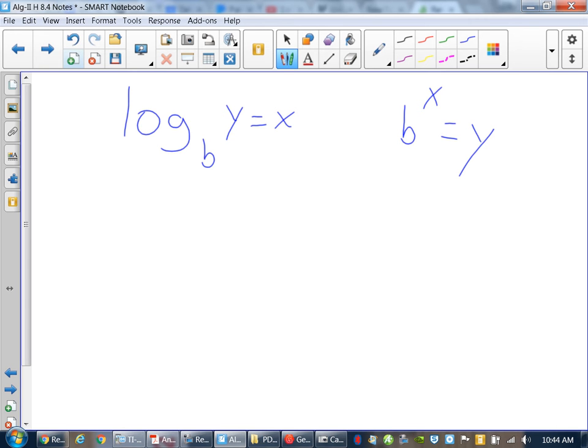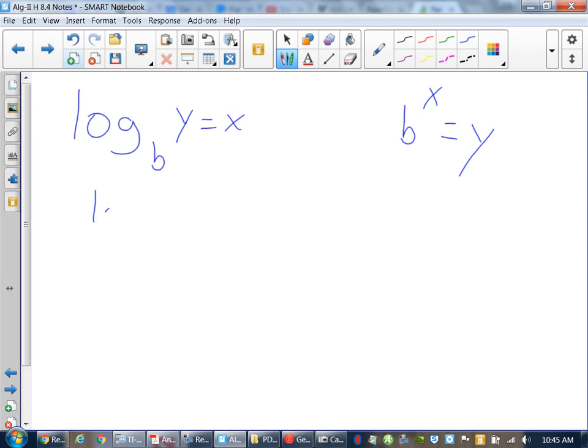Anyway, so one of these is logarithmic, the other one is exponential. Which one do you think is which? Log. Yes! Wait, I have a question about the log. Is the y plus x, is that like, where? I'll explain it. Okay. This is logarithmic form.